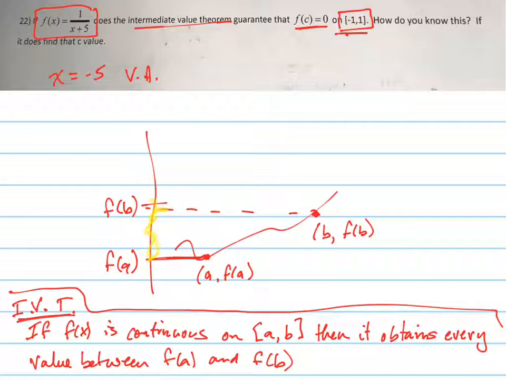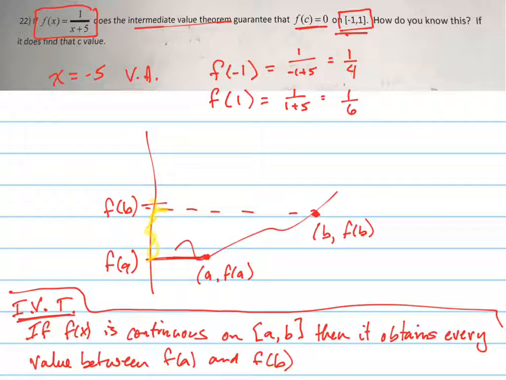Now we have to figure out what f of -1 is and what f of +1 is. So let's just plug those in. F of -1 is 1 over -1 plus 5, which is 1/4. And f of 1 is 1 over +1 plus 5, which is 1/6.